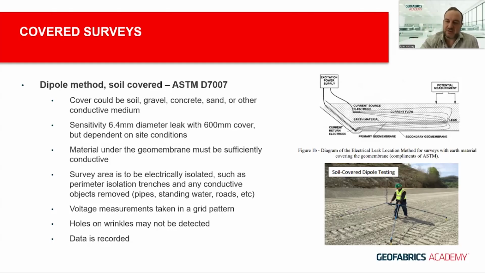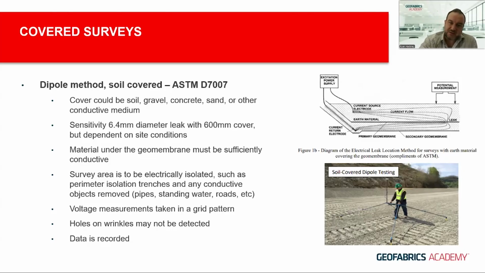Once you have cover soil or water placed on top of the lining system, this is where we look at covered surveys to check whether those types of damage we saw earlier, such as with the excavator bucket, that are unseen, have occurred. This enables any damage to be detected during that final phase of completing the system.